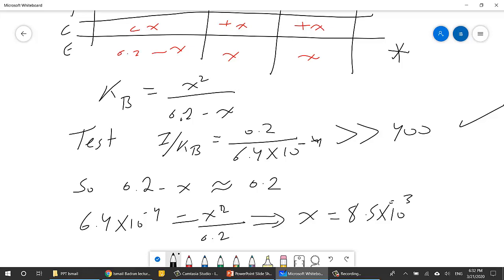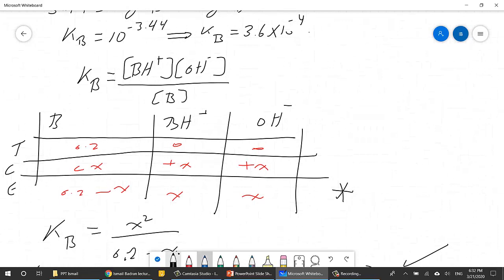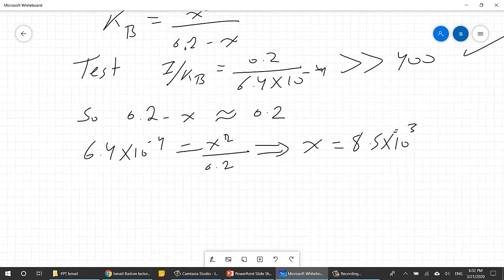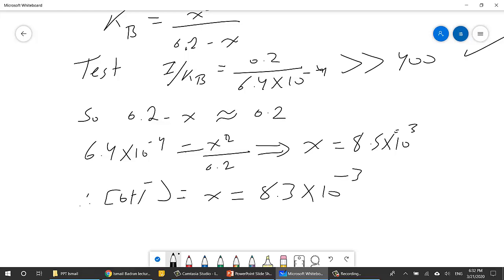And what does that mean? That means this x is now equal to the concentration of OH minus, not the H plus. So the concentration of OH minus is equal to x, which is equal to 8.3 times 10 to the minus 3.